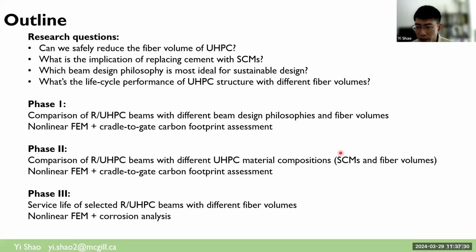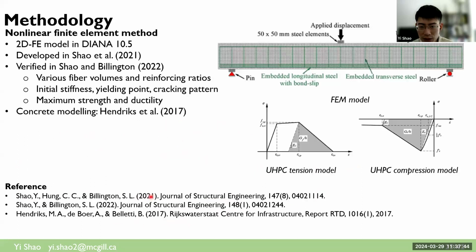Basically, it's a replacement of cement by supplementary cementitious material. And in the third phase, we select most preferred UHPC beam designs with different fiber volume and do a corrosion analysis and compare to conventional concrete. So those are the three phases.